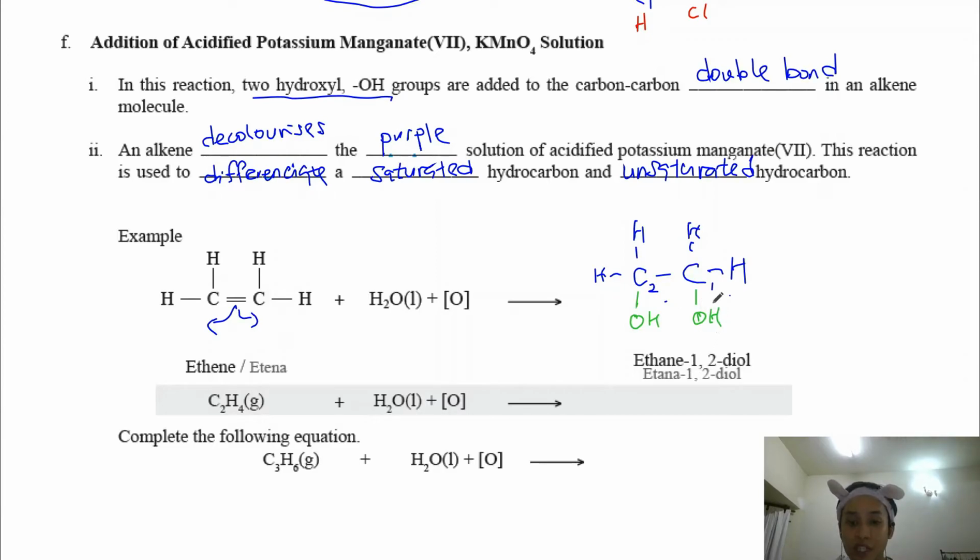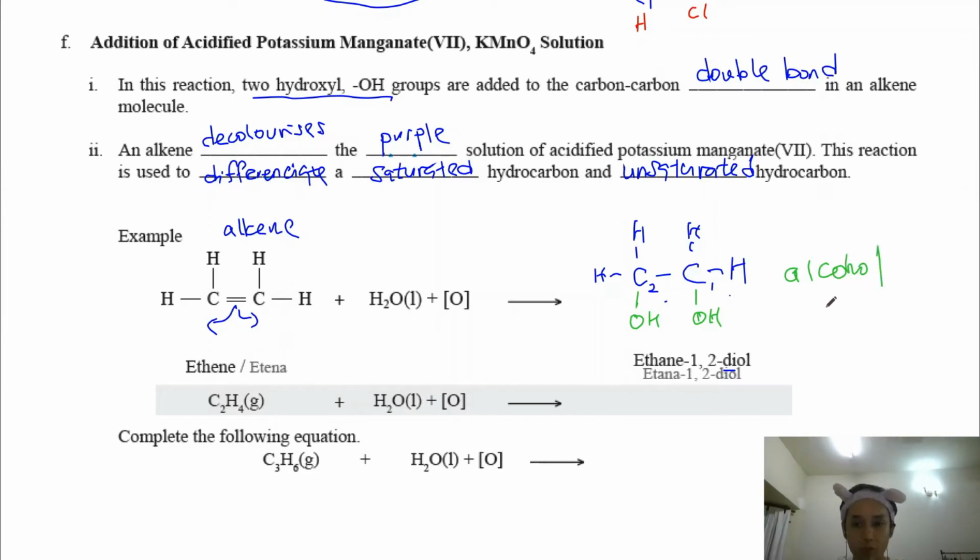If I only attach one hydroxyl group here, meaning only one, that would be ethanol, for example. Diol is because we have two hydroxyl groups. Technically, when you do this reaction, you are changing from an alkene to an alcohol.